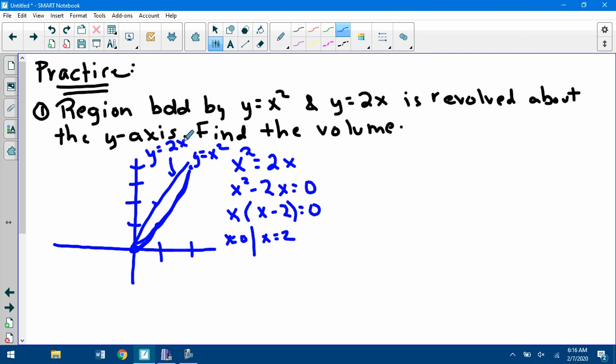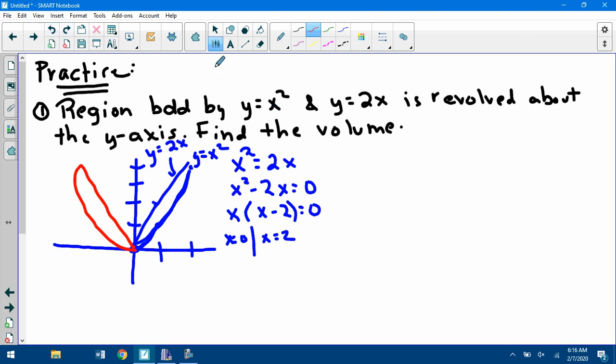And we're rotating around the y-axis. So when I rotate around, we're obviously going to get the reflection shape over here. But again, in the past, I would have told you if we're going around this way, I have to draw a dy rectangle. And that means I'd have to have everything in terms of y, so I'd have to change these two equations. I don't have to do this anymore.